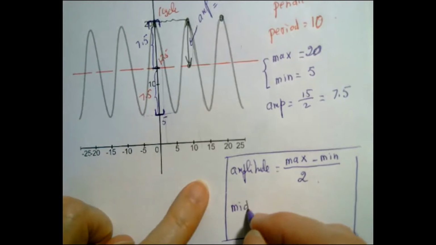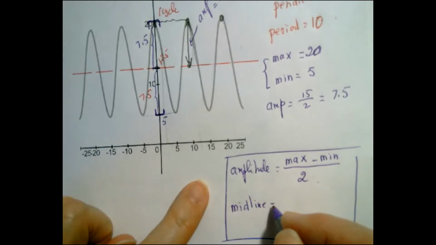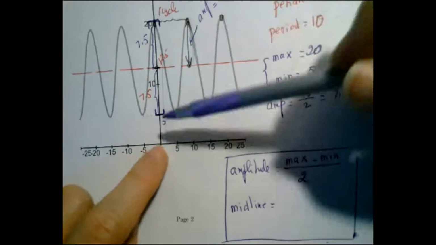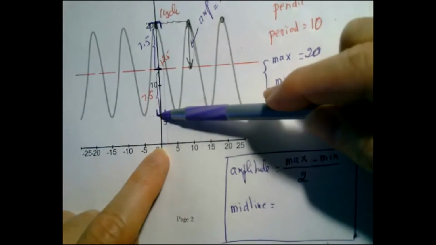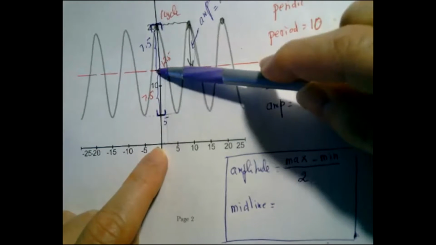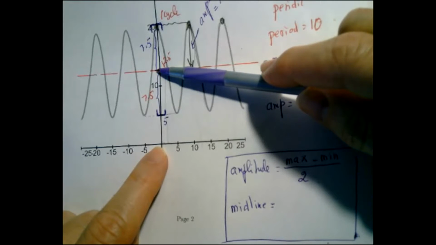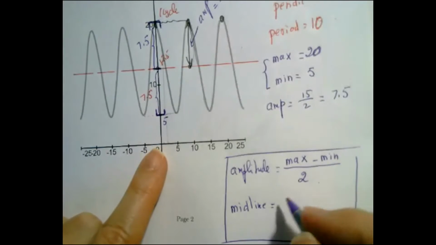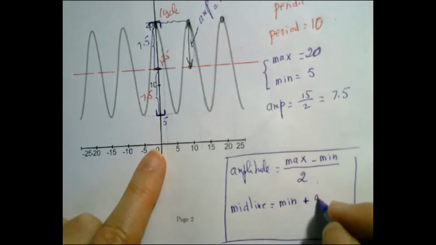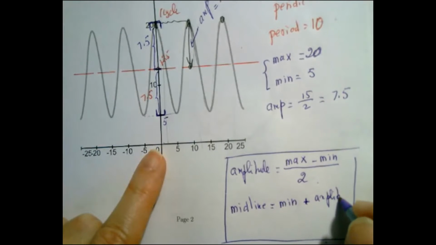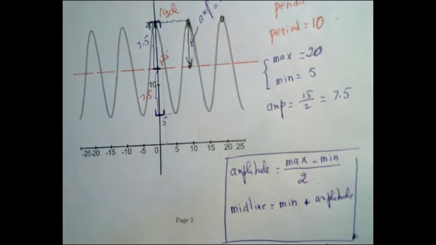You don't have to use formulas, believe me. How did we get the midline? The midline is the following. Watch carefully how we get it. It's the minimum, you add the 7.5 to it. So it's one way you can find it. It's the minimum plus your amplitude. That's from the picture.